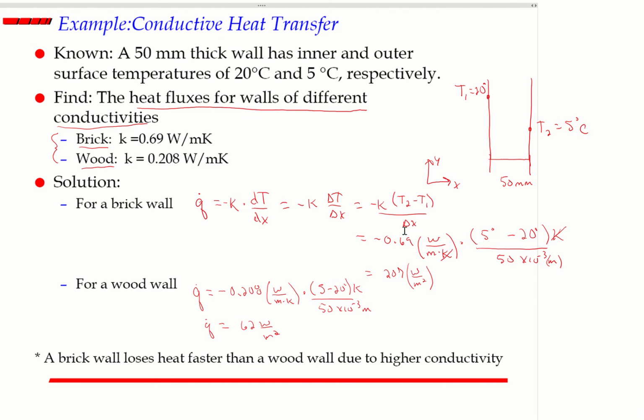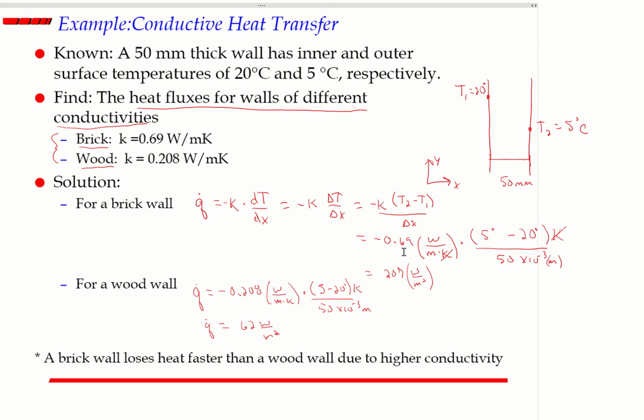And so if we put in the thermal conductivity for the brick, which is 0.69 watts per meter Kelvin, times T2 minus T1, so T2 is the final temperature, which is 5 degrees Celsius, minus T1, which is 20 degrees Celsius, divided by the thickness of the wall, which is 50 times 10 to the negative 3 meters, or 50 millimeters.